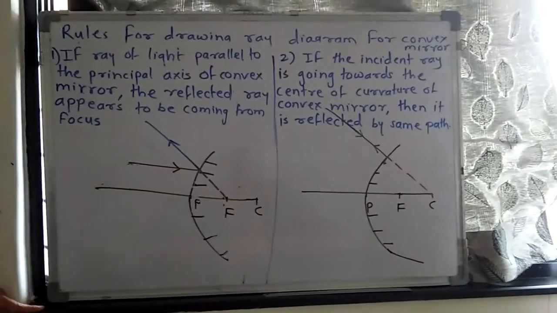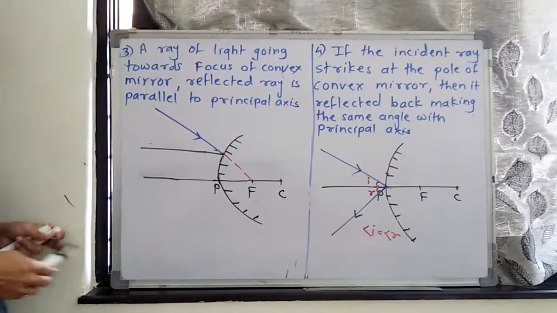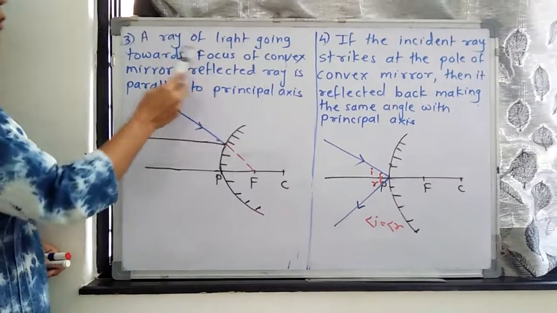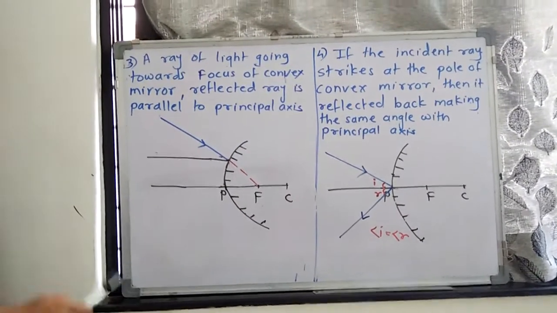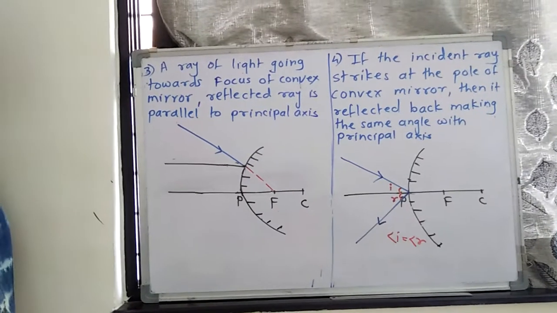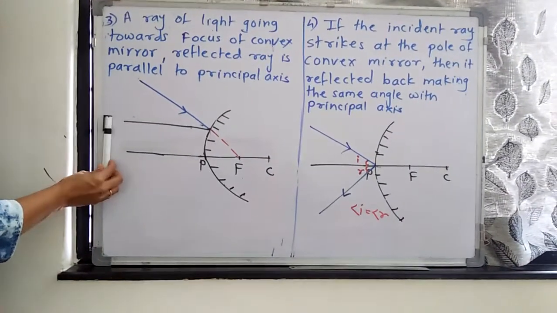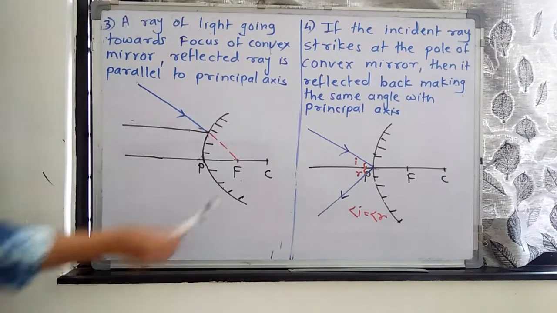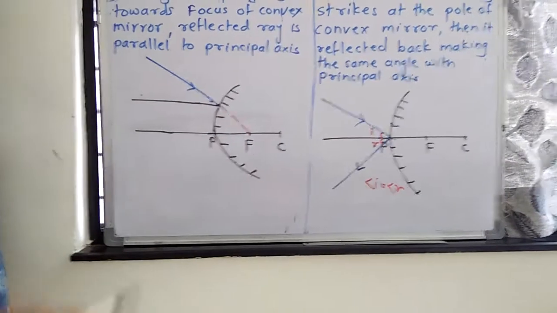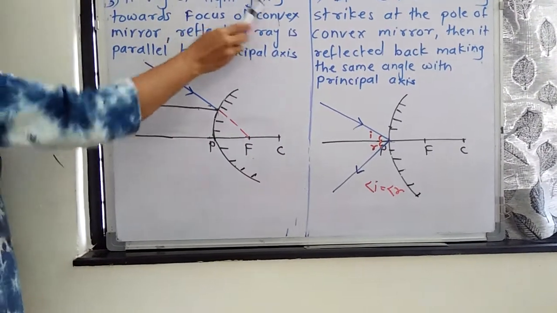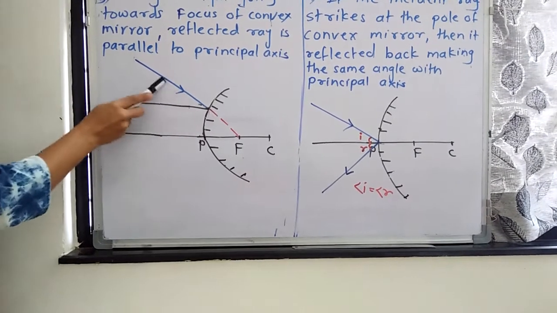Now we will study the third rule. Now third rule for the convex mirror: a ray of light going towards the focus of convex mirror is reflected back parallel to the principal axis. Now here we have convex mirror. Light ray is coming from the left side, and here we have center of curvature, focus and pole to the right side. Now what is the rule if the ray of light is going towards the focus? So this is now the incident ray, which is shown in blue color.